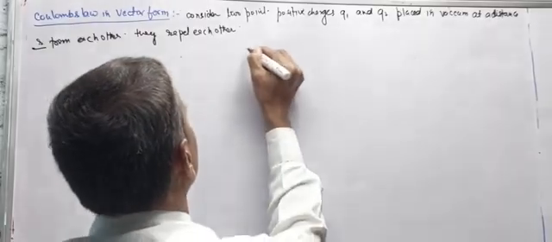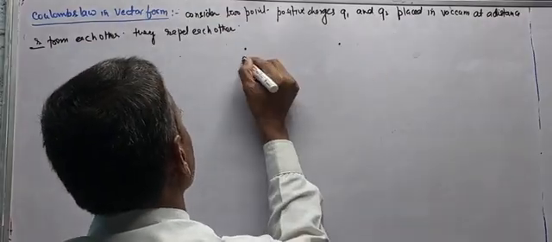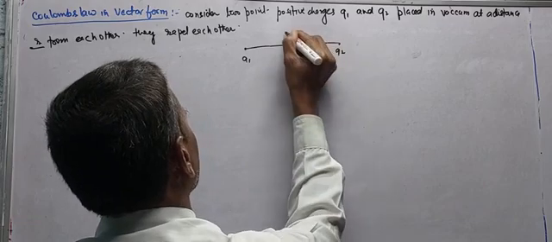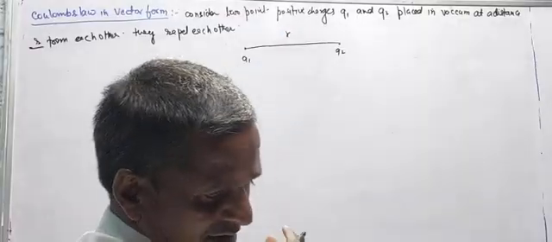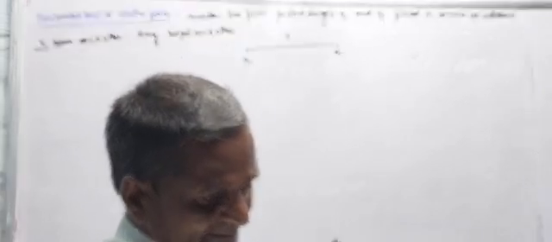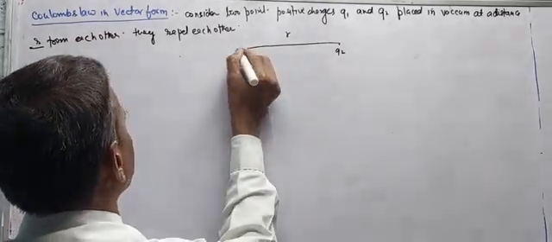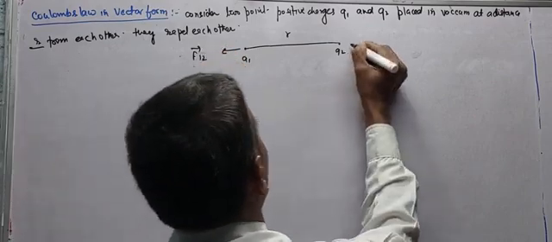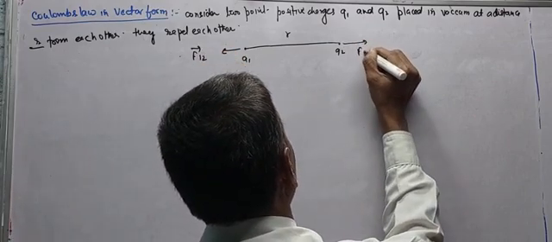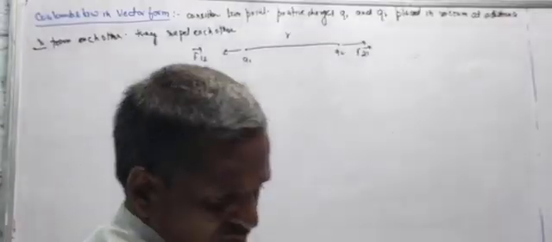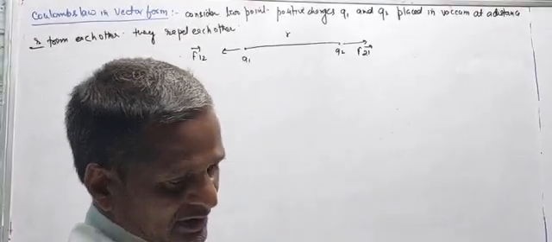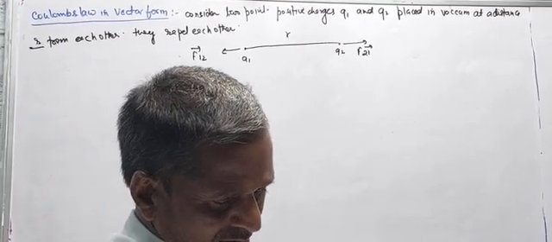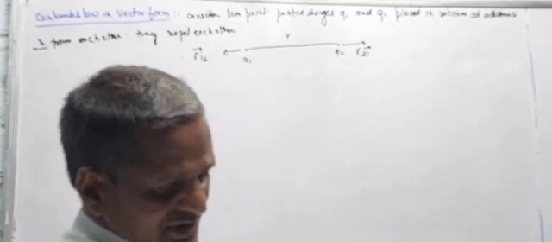Here, charges Q1 and Q2, distance between them is r. Here the force exerted is F12 and here the force exerted is F21.